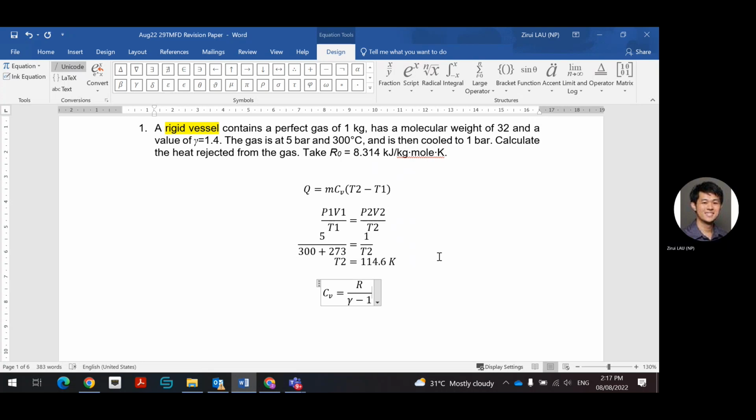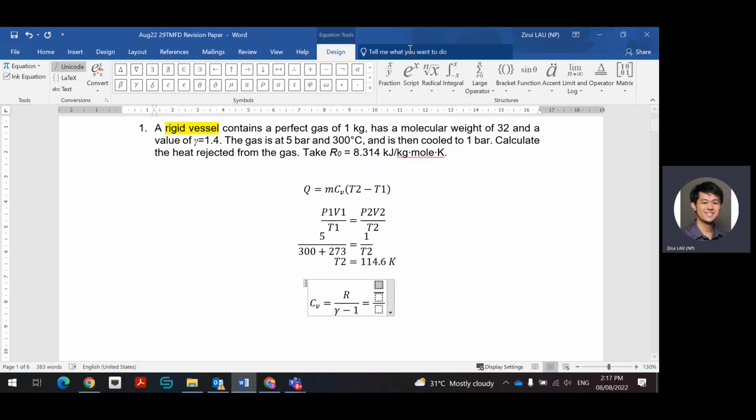Furthermore, we also realize that we do not have R. But we know from the formula list, what is R? R is R naught over M, correct?